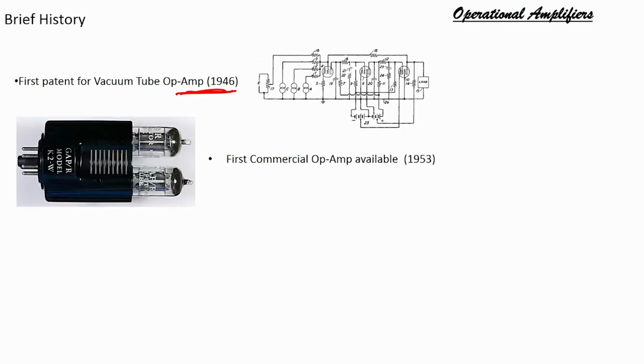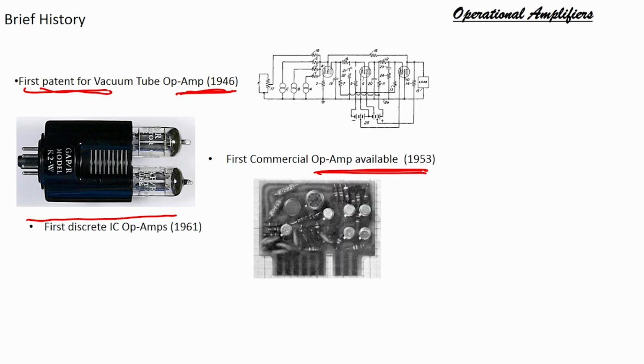So, the next one was first commercial op amp, which was available in 1953. So, the first patent was in 1946. The first commercial op amp, it looked like this, you see here, and it was available in 1953. This was the first commercial op amp, how it looked like. Okay.